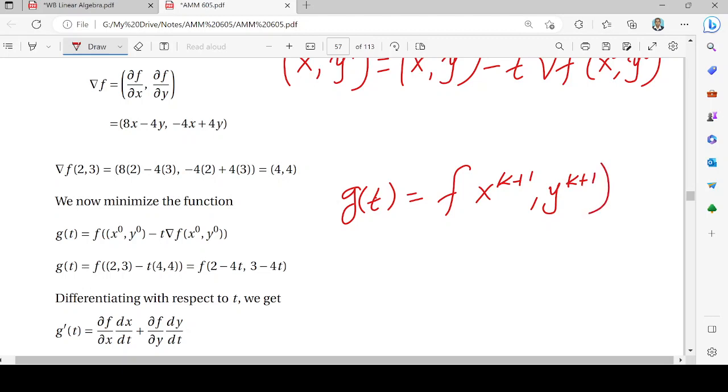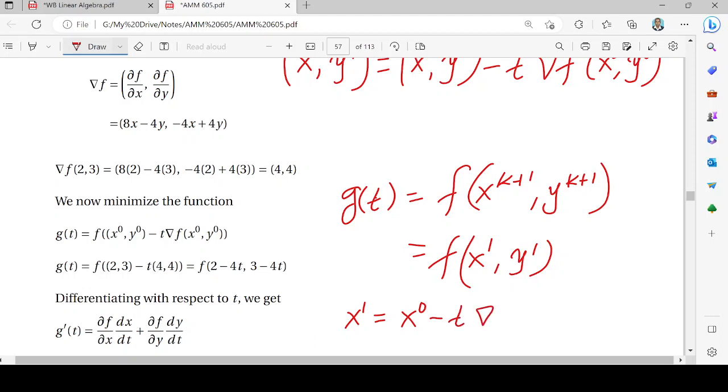So in this case, we have f of x1, comma, y1, where x1 is given by x0 minus t times the gradient of f evaluated at x. Sorry, we cannot write that.